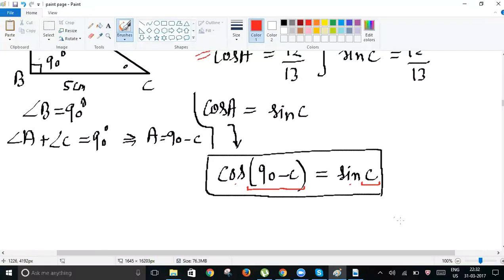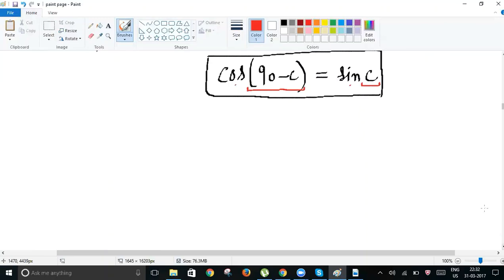Right. So there are three different formulas that we call complementary relationship. First one is written before you. Second one is the reverse order of this, not the reciprocal exactly.